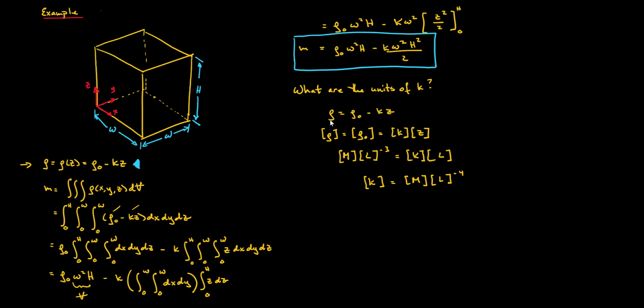That is a mass divided by a length to the power 4. And again, this is found by enforcing the fact that the dimensions of rho must be equal to the dimensions of rho naught and must be equal to the dimensions of k multiplied by z. We must be adding apples to apples. So this is an example of the application of dimensional homogeneity.